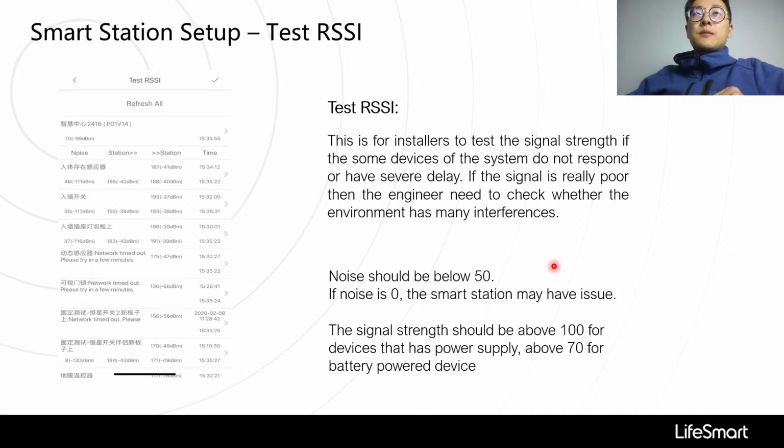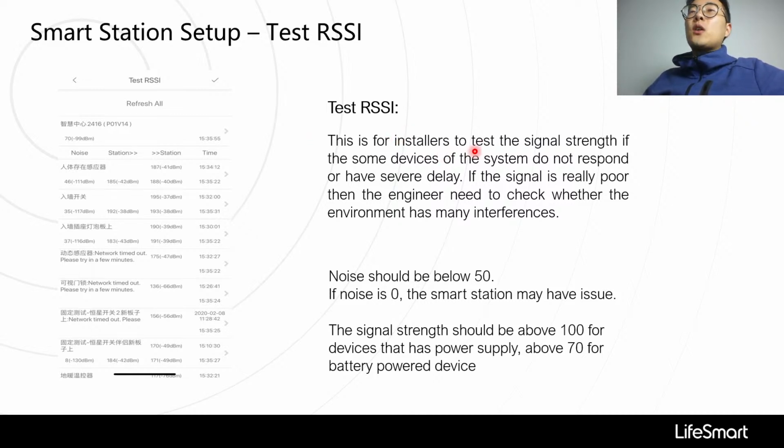Okay, let's continue. For smart stations, like I mentioned, it is very important to check the wireless signals. You need to go to the engineer settings in the app, to test RSSI. RSSI is the wireless signal menu.